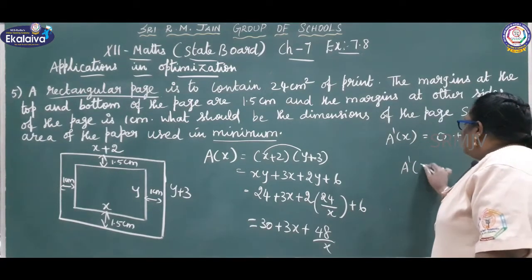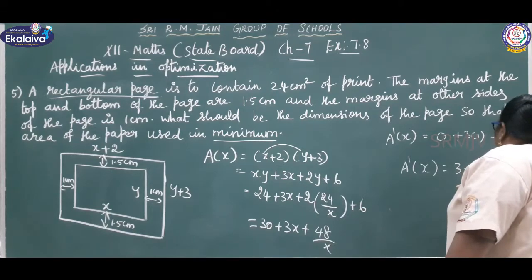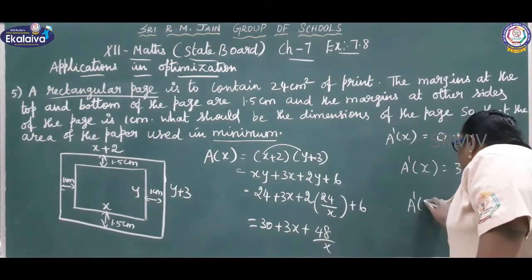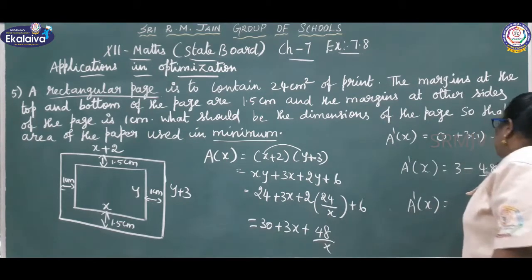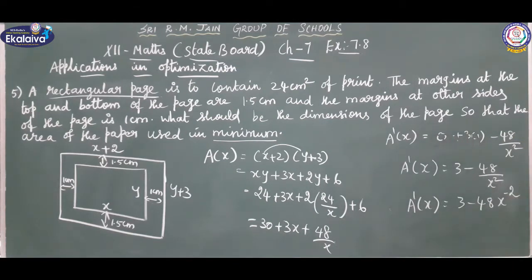So A dash of x equal to 3 minus 48 by x square, or otherwise you will write A dash of x equal to 3 minus 48 x to the power minus 2.